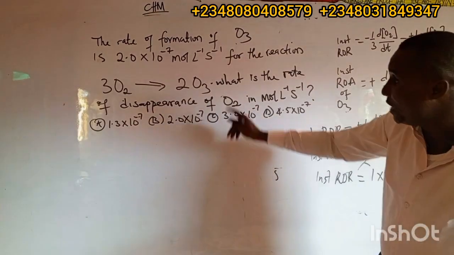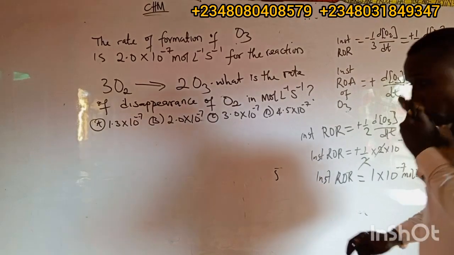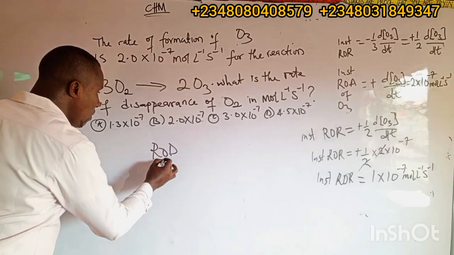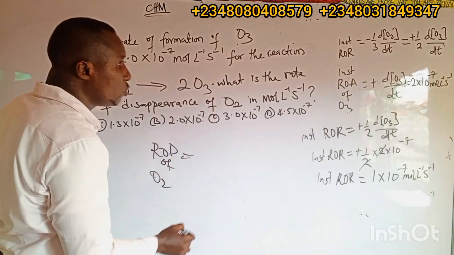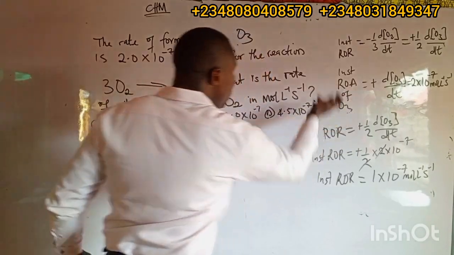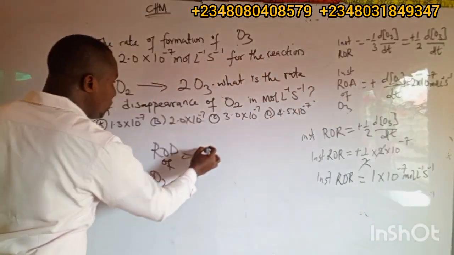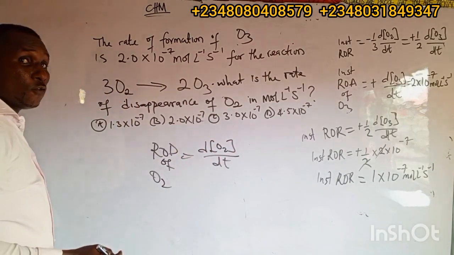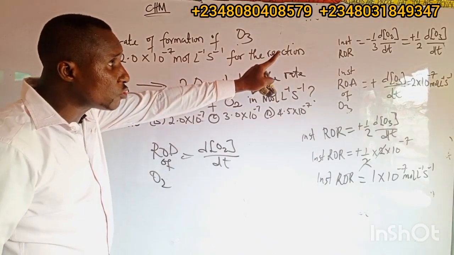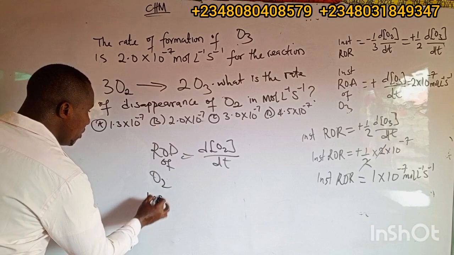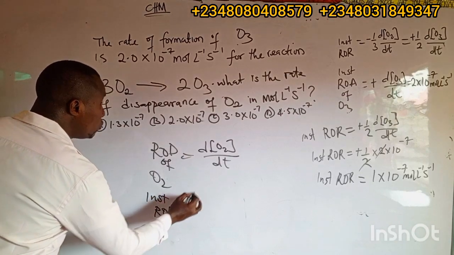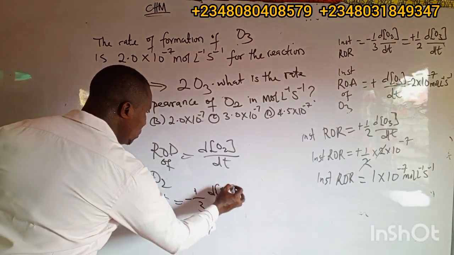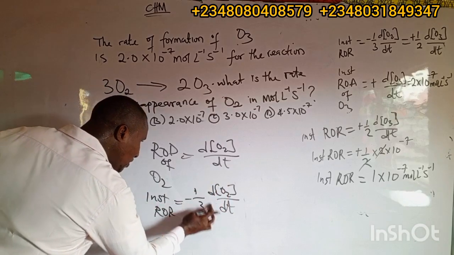But the question says calculate the rate of disappearance of O2. The rate of disappearance of O2 is dO2/dt. The instantaneous rate of reaction in terms of O2 is minus 1 over 3 dO2/dt, and they want you to calculate this only.